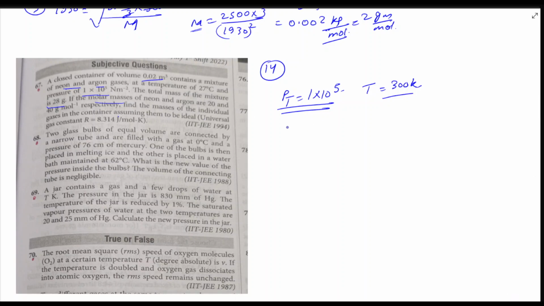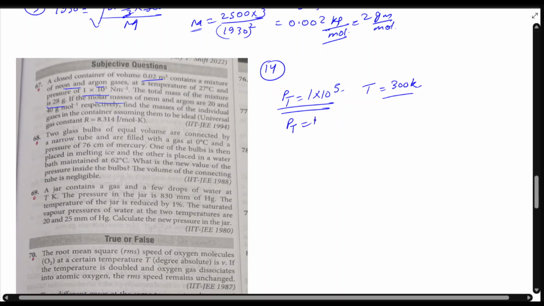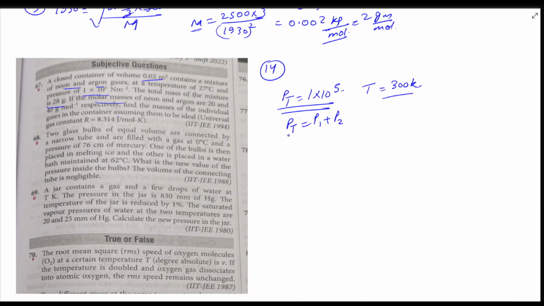So let's just write the equation first for the partial pressure. We'll have total pressure is P1 plus P2, the partial pressures of both gases. So P will be nRT divided by the volume.